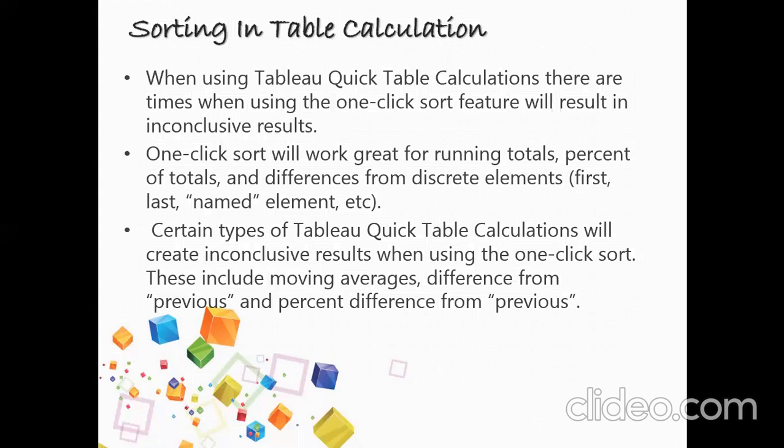So rather than worrying about when it is working and when it's not, we'll always get into the habit of sorting our dimensions through our dialog box. Sorry to interrupt, so this sort is not working on calculations? It just fails on table calculations, yes. When you're working with flat files and doing development, you'll feel it's working fine. But the moment it goes to the server and things become automated, we face an issue.